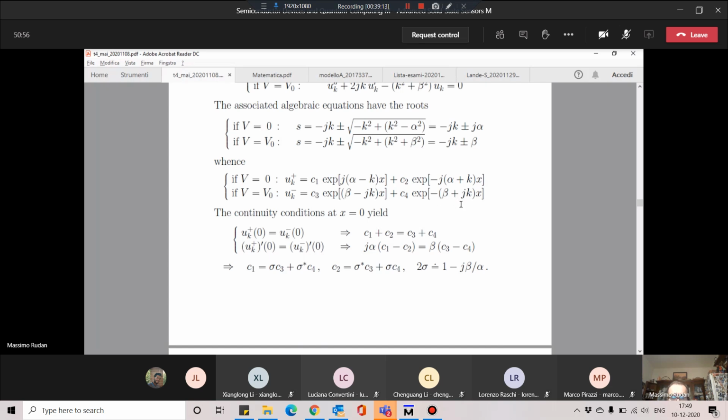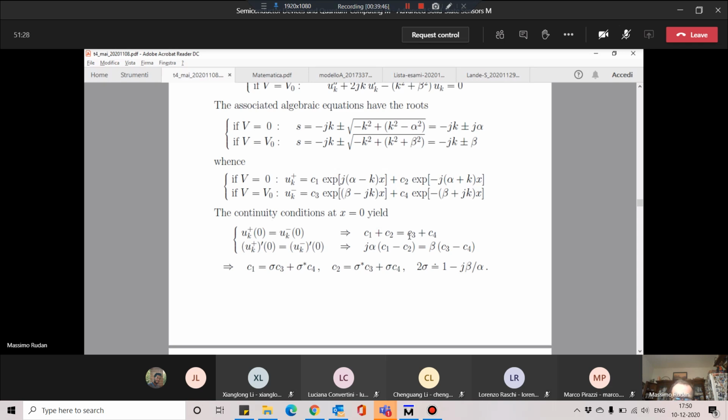You see immediately, then you have a jk factor everywhere. So you have minus jk multiplying C1, minus jk multiplying C2, minus jk multiplying C3, and minus jk multiplying C4. But C1 plus C2 is equal to C3 plus C4 due to the first continuity condition.